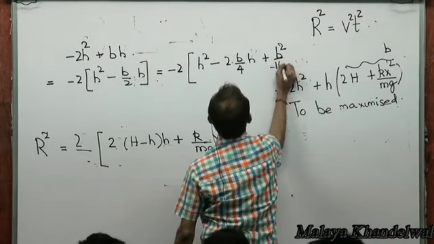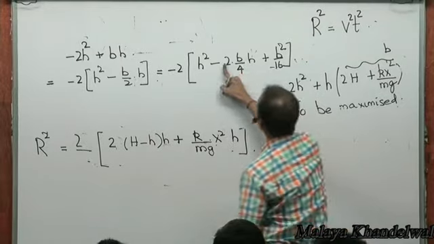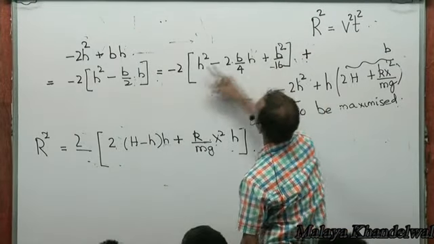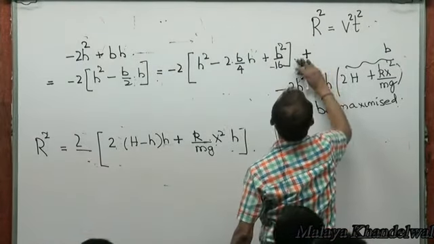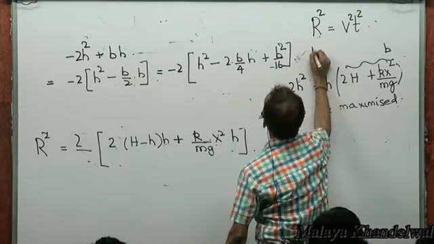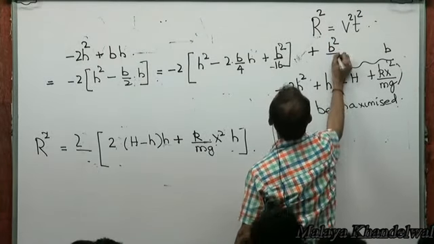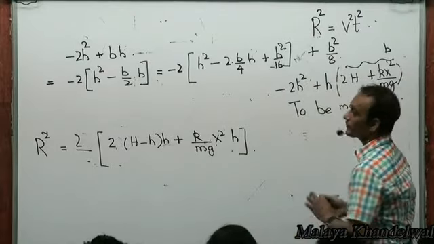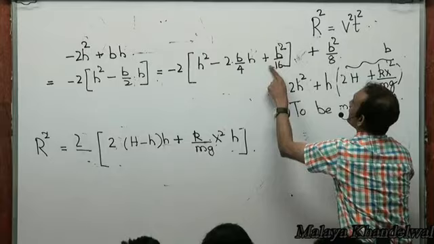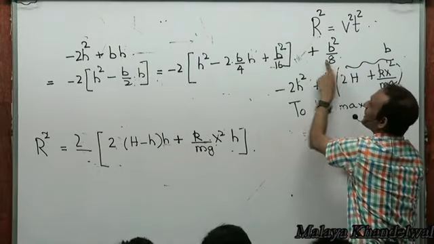I added this so that this becomes a perfect square, and then I need to adjust plus b squared by 8. I hope you realize why. Minus 2 into b squared by 16, that's b squared by 8, I need to adjust because this was never there. Clear?